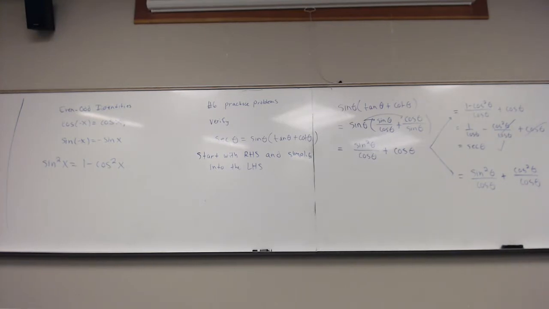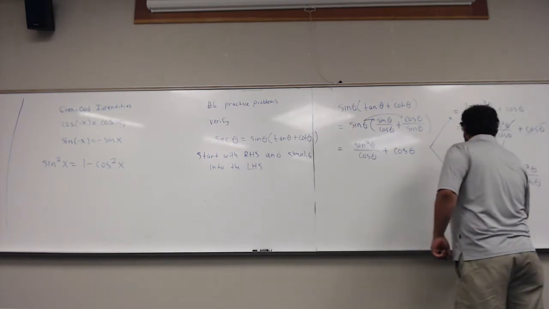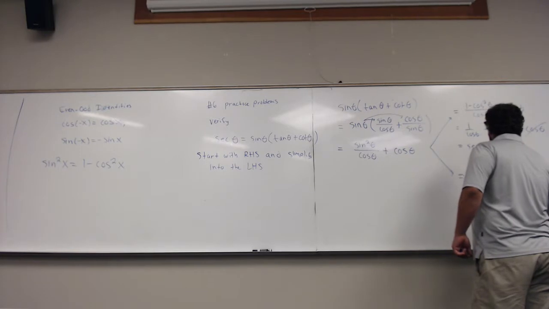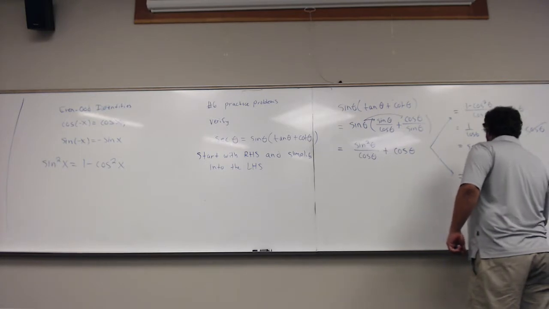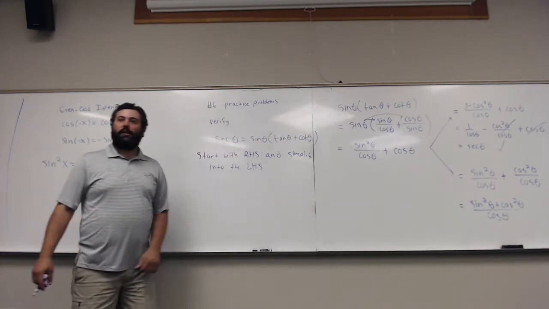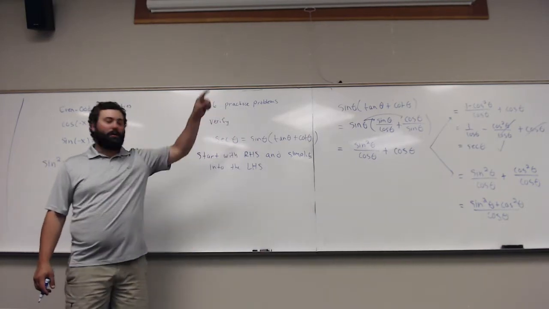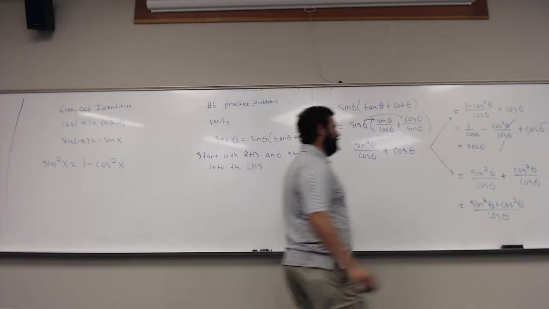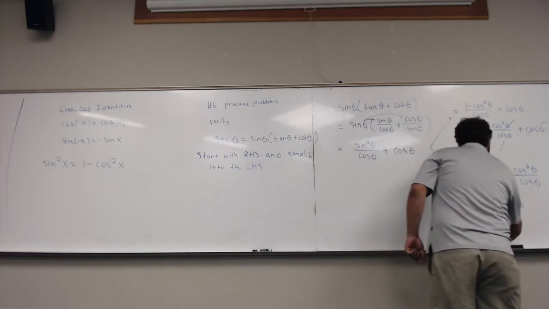And then you can add those two together because they have a common denominator. You get sine squared theta plus cosine squared theta over cosine. But what's that sine squared plus cosine squared in the numerator? That's 1, and 1 over cosine is secant theta.